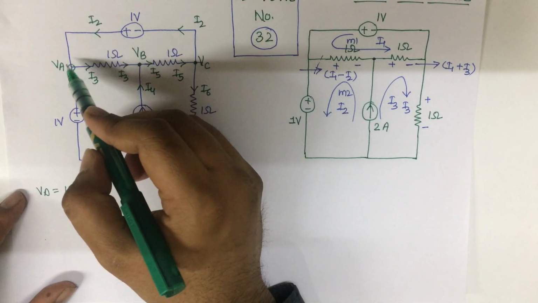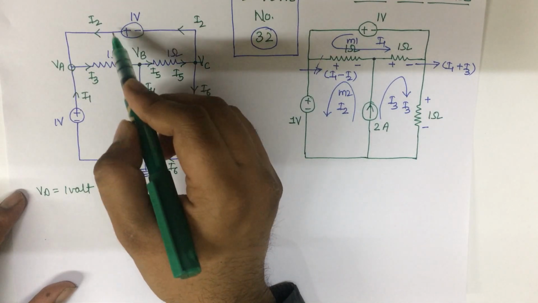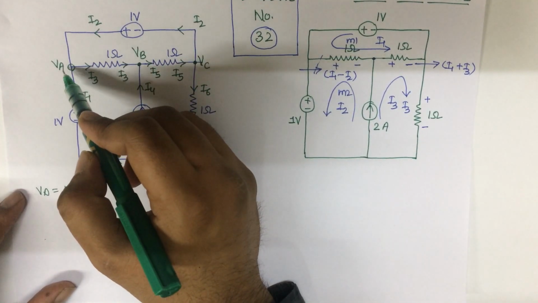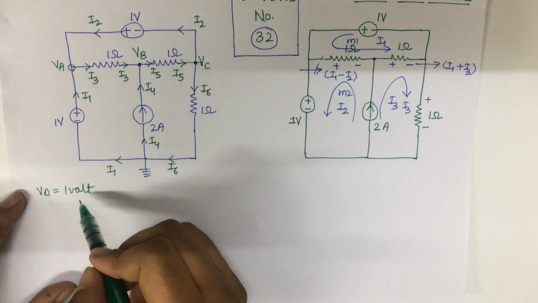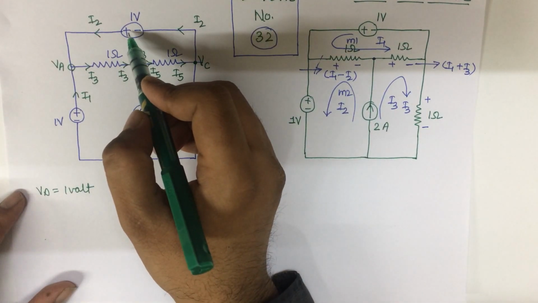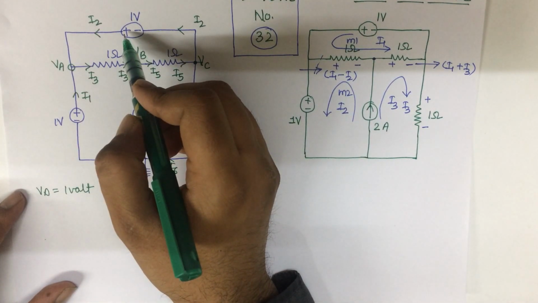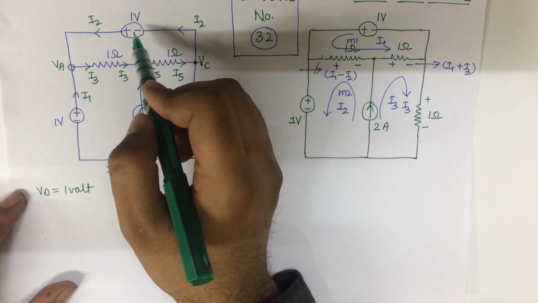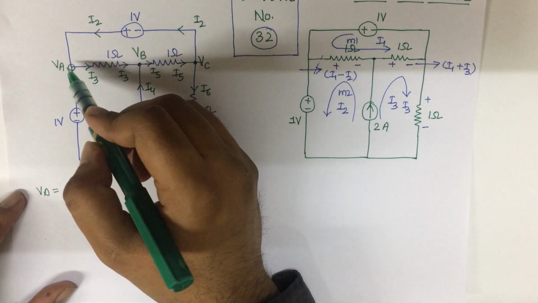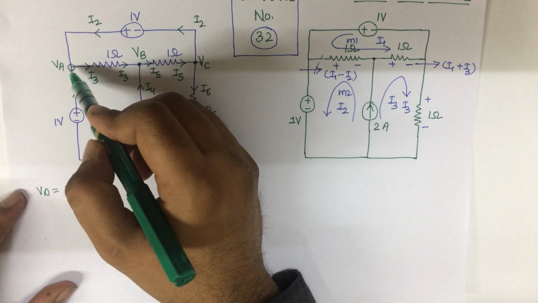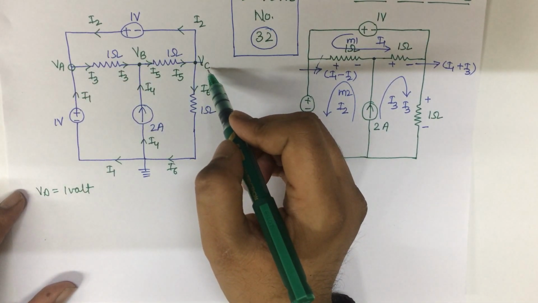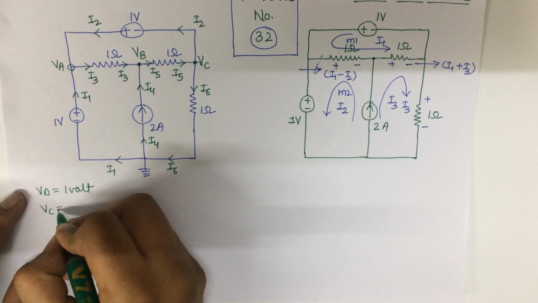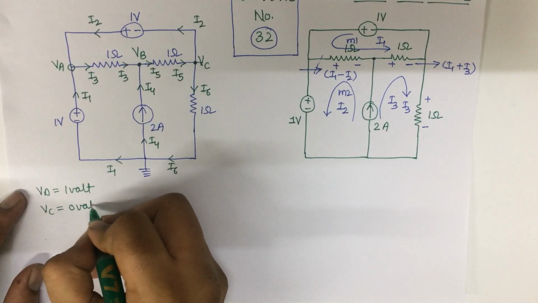Again this potential is at VA, and in this branch there is no resistance, so finally VA is at 1 volt. When VA is at 1 volt, and the plus polarity of this battery is connected to VA, VC must be at zero potential, which means VC is equal to 0 volt.